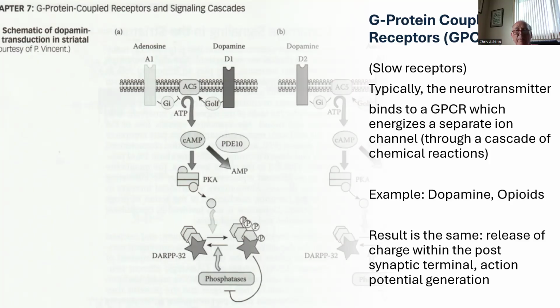The process from dopamine hitting the receptor to producing energy can be multi-step. The result is the same: a release of charge within the postsynaptic terminal, and an action potential or electrical current is passed on.